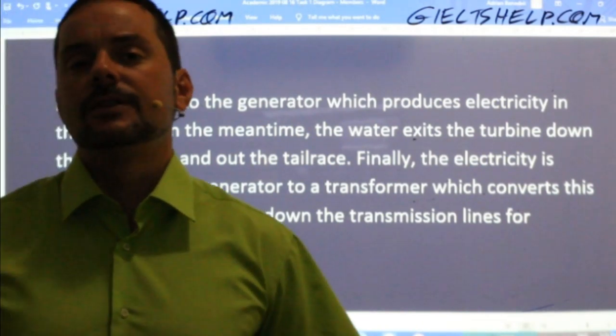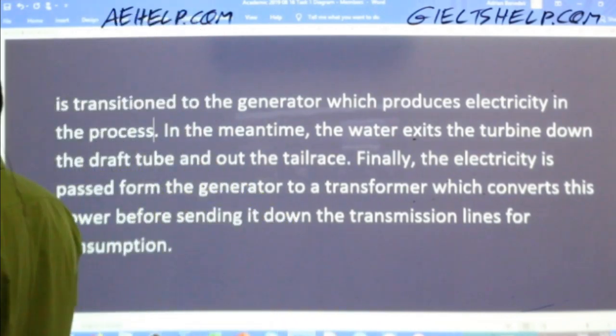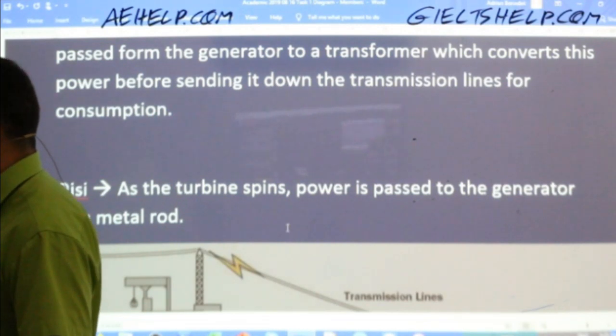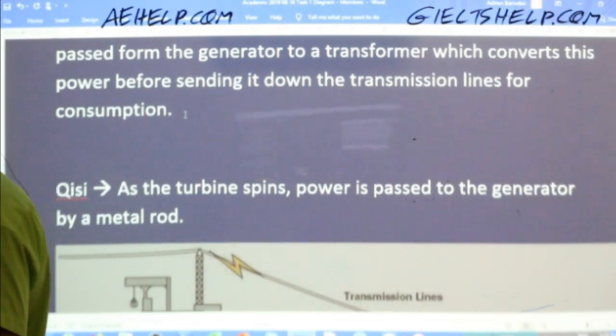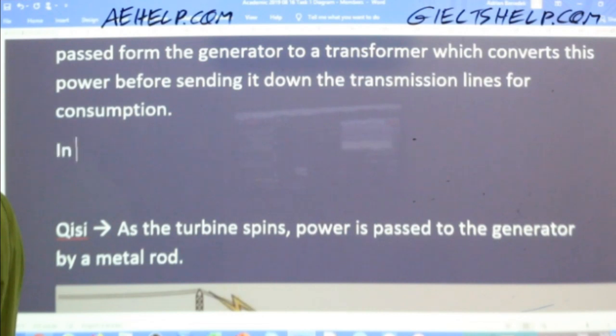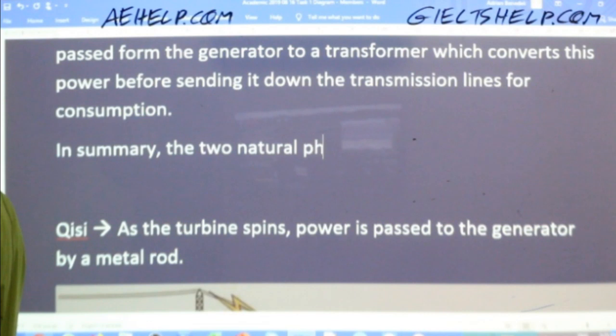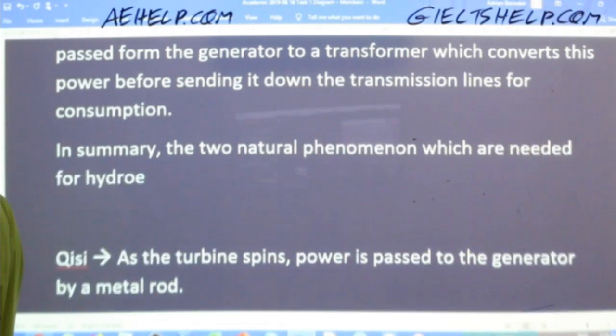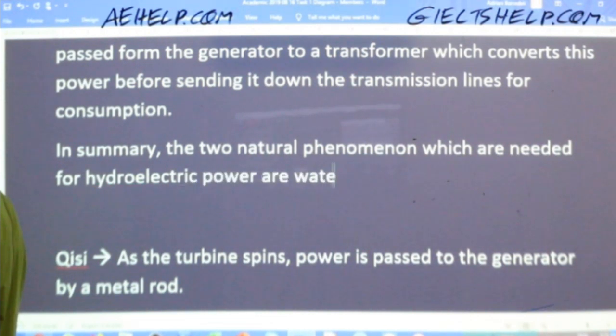I'm quite confident that that will get me at least a band 8. Now, to make sure that it's a band 9, I'm going to summarize. So in summary, the 2 natural phenomenon which are needed for hydroelectric power are water and gravity.